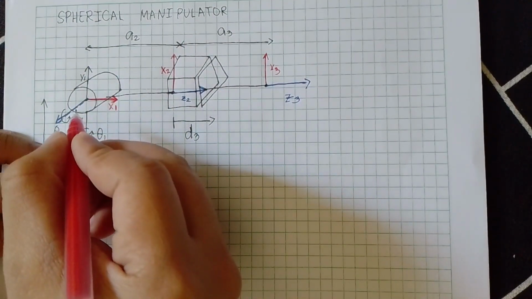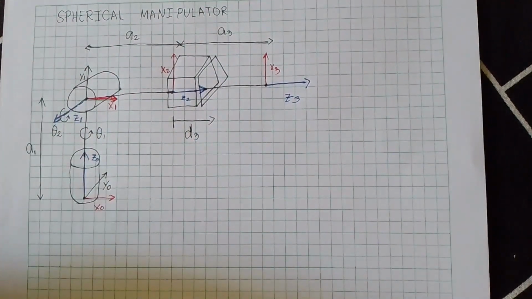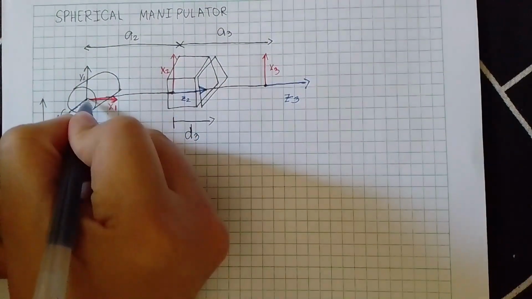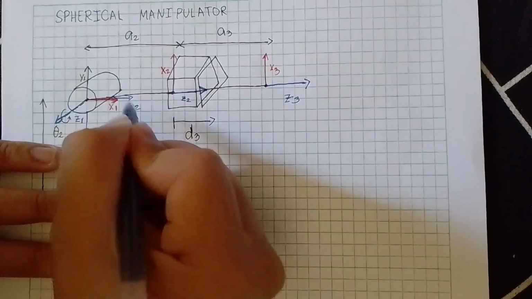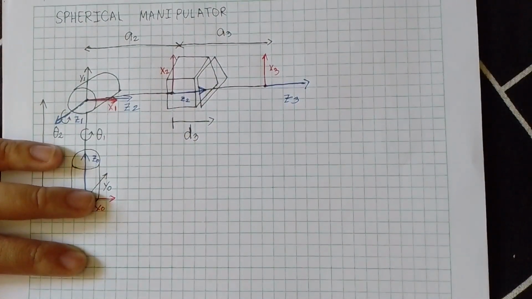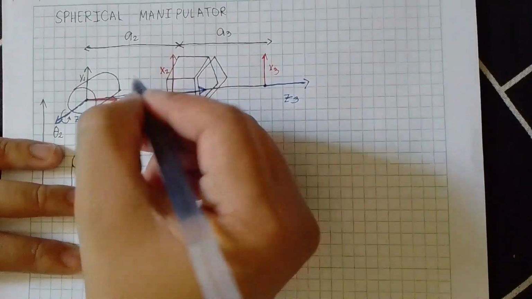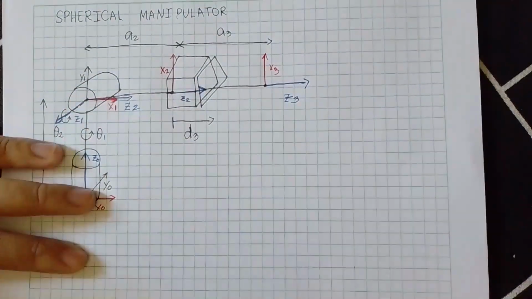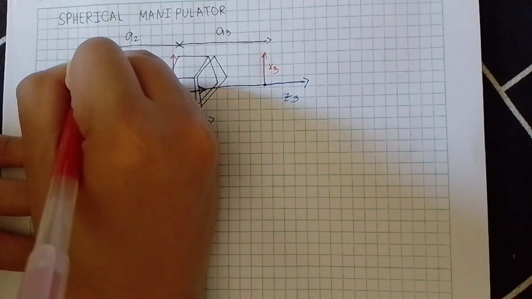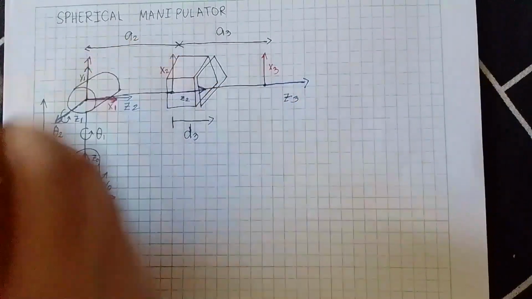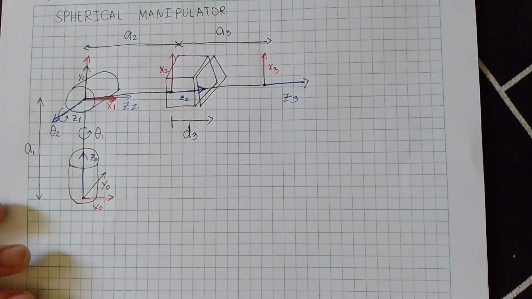I forgot to write that this must be z sub 2, like the x sub 1. Then therefore our x sub 2 is pointing upward. I forgot to indicate that.